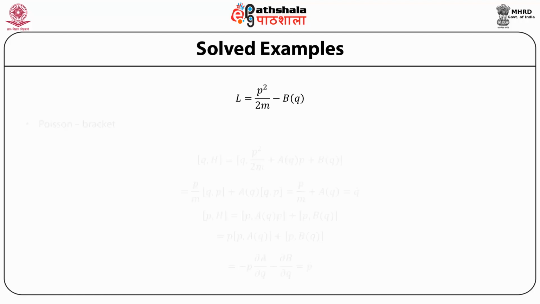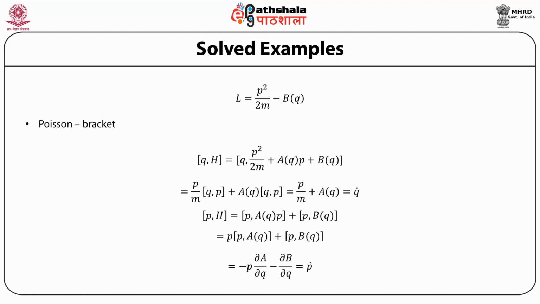We have the Poisson bracket between q and H, where H is p square by 2m plus a times p plus b. Using the properties of the Poisson bracket, this can be written as p by m times the Poisson bracket of q with p, plus the function a of q multiplied by the Poisson bracket of q with p.